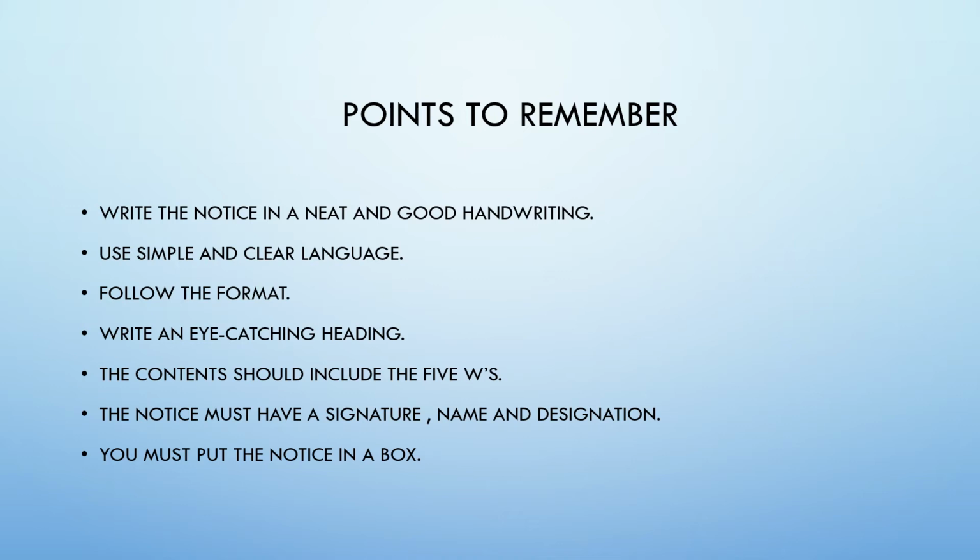Now, what is designation? Designation is the post this person has. If the person who has written the notice is the president of the sports club, we write President, Sports Club.